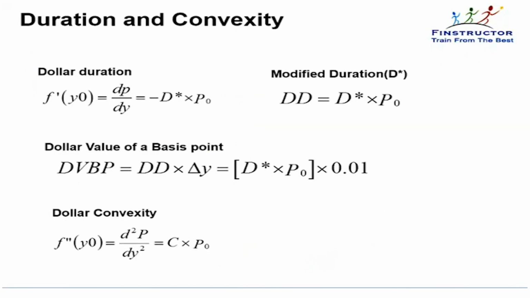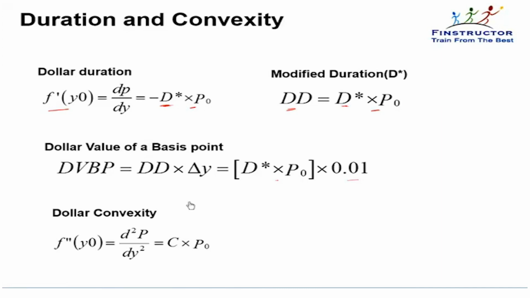So we'll again depict the same definitions mathematically. The dollar duration is the first derivative of the price with respect to the yield. It is the same as the modified duration multiplied by the price. Dollar value of a basis point is simply the dollar duration multiplied by 0.01. This is the absolute change for a 0.01% change in the price of a bond.